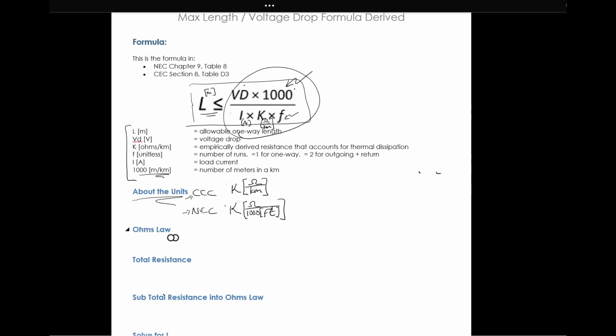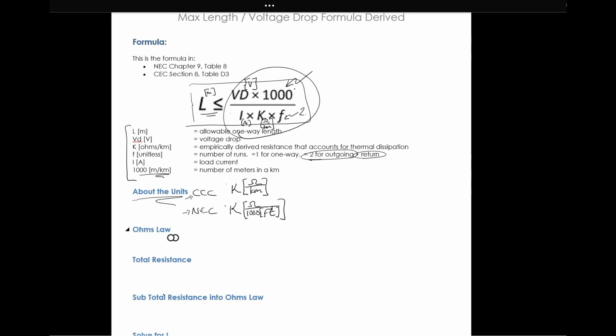F is a factor, and it is how many runs. If it's outgoing and return, then F would equal 2, and it's often equal to 2, and it's unitless. Voltage drop is expressed in volts, so you have to apply your voltage drop formula, which is a ratio in percent, to the voltage of the problem or of the installation.